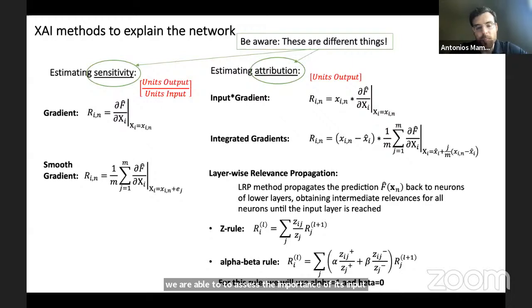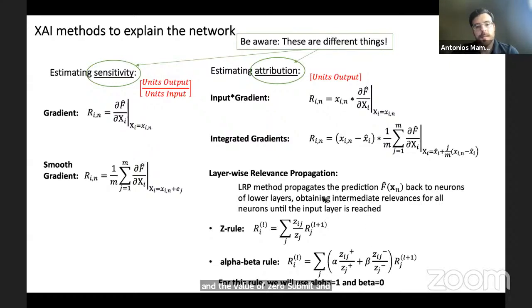There have been many propagation rules to do that. The LRP-z rule is one that I'm considering here, and the LRP alpha-beta rule is a second one. I'm not going to go into details about what exactly these propagation rules are doing, but for the alpha-beta rule, I will be using a value of 1 for alpha and a value of 0 for beta.